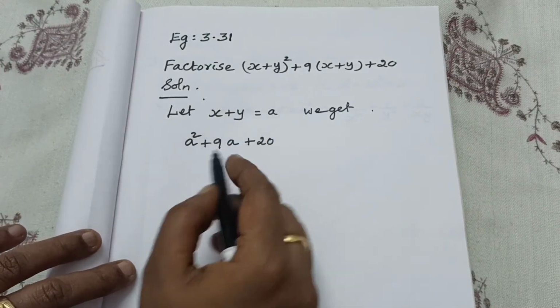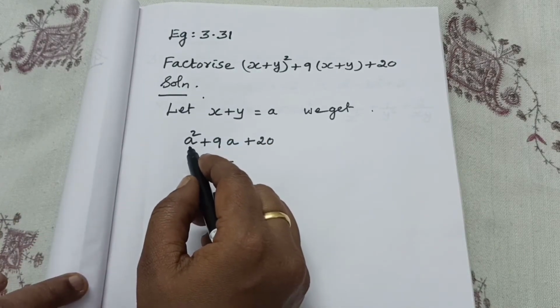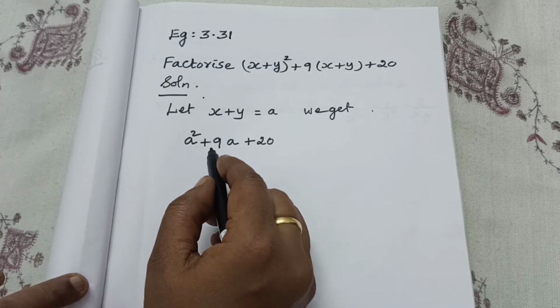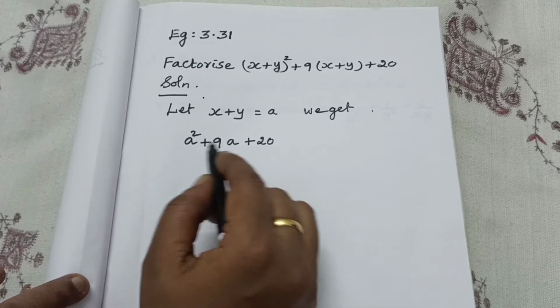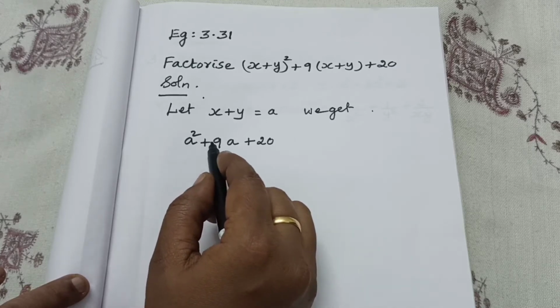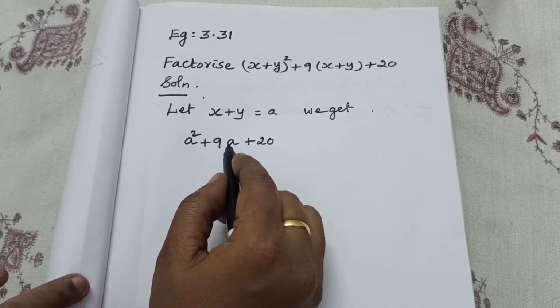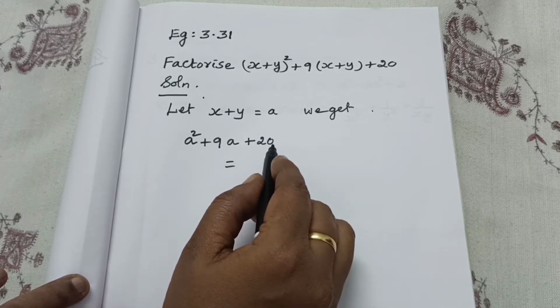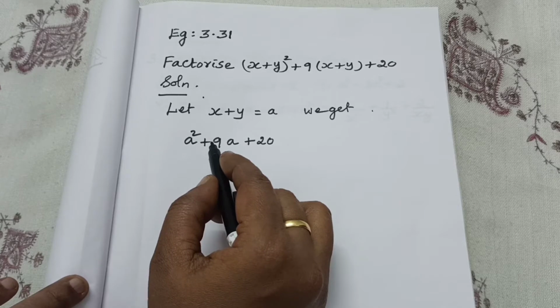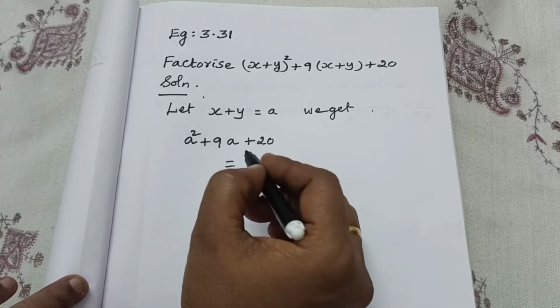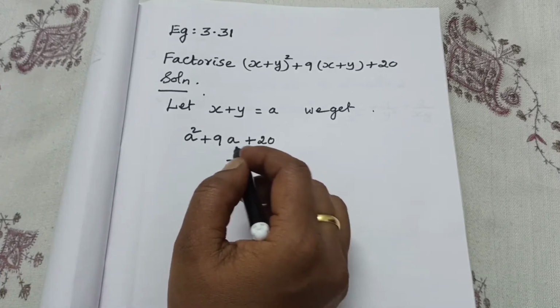This is of the form, which form? ax square plus bx plus c, that form, isn't it? This is the quadratic equation. So this quadratic equation, how will we find the factors?